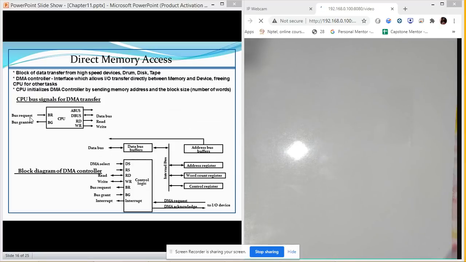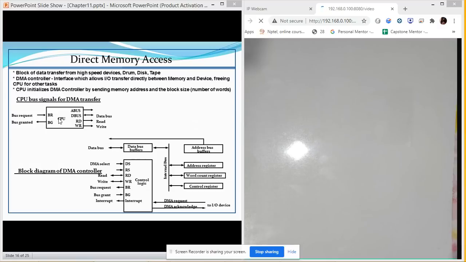Then DMA decides, if it is a fast device, then DMA will at the same time try to get access from the CPU and generate a bus request for the bus which connects to the memory. So it requires that bus.